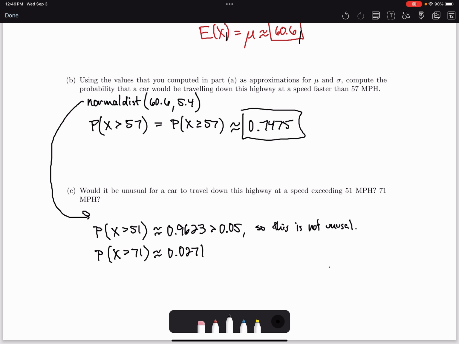Now that is less than 0.05. So this is unusual. So it would not be unusual for a car traveling down this highway to be going more than 51 miles per hour, but it would be unusual for it to be going more than 71 miles per hour.